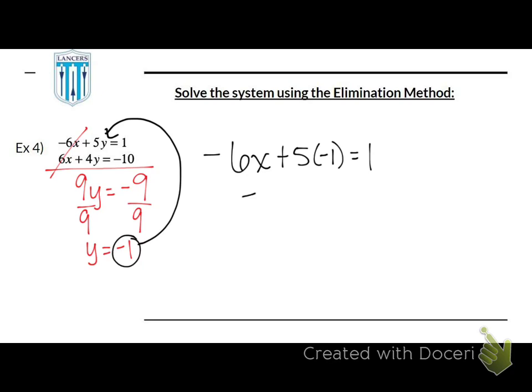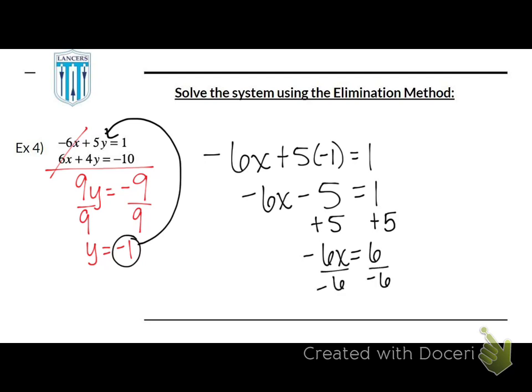So we have negative 6x minus 5 equals 1. Add 5. Negative 6x equals 6. Very good. When we divide, x equals negative 1.